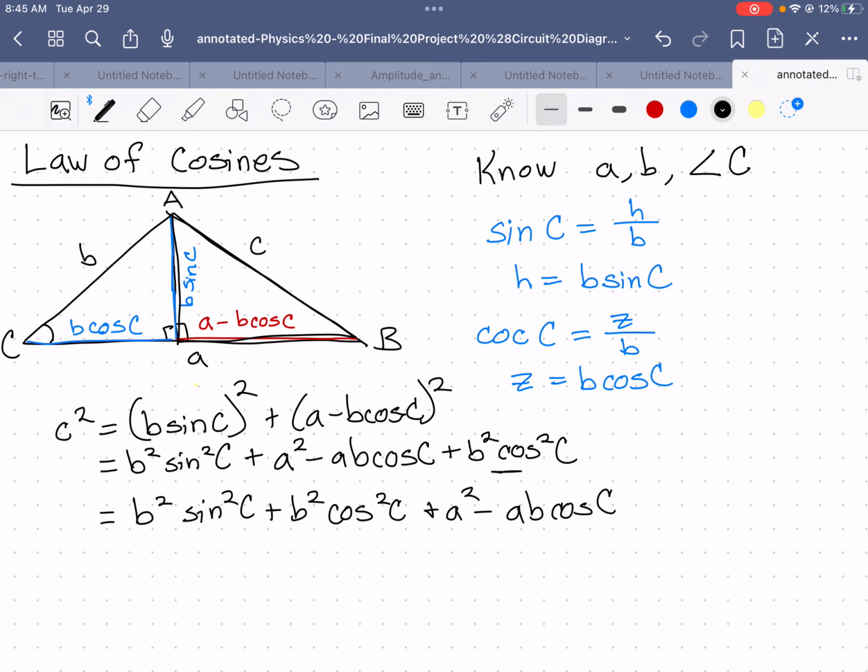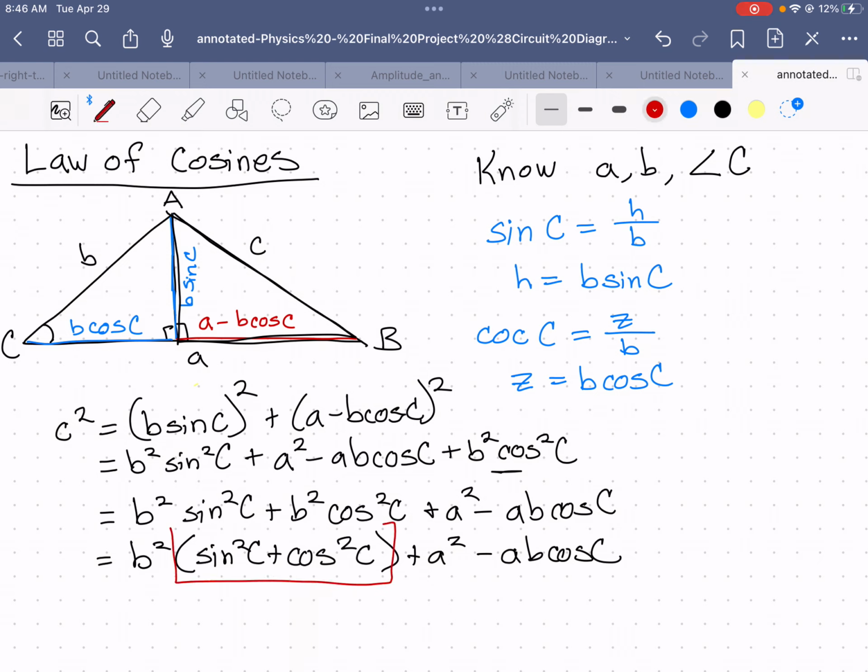Now here's where this cool thing happens. I can take this b squared and take it out of the first two terms and say that's times sine squared of c plus cosine squared of c. And that's still plus a squared minus ab cosine c. And so this is where you hopefully recognize this, but if you don't, I will show you why you should.